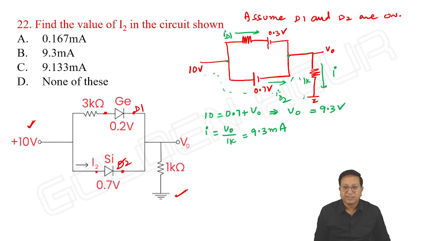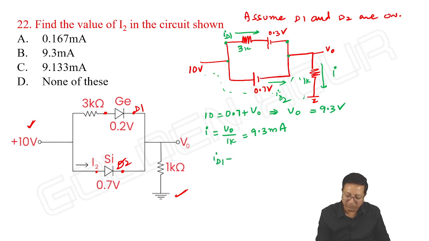Then ID1 and ID2. We can find ID1. How? It is mentioned 3K. The voltage between these two terminals is 0.7, and here it is already 0.2. Then ID1 into 3K plus 0.2 should be equal to 0.7 volts.